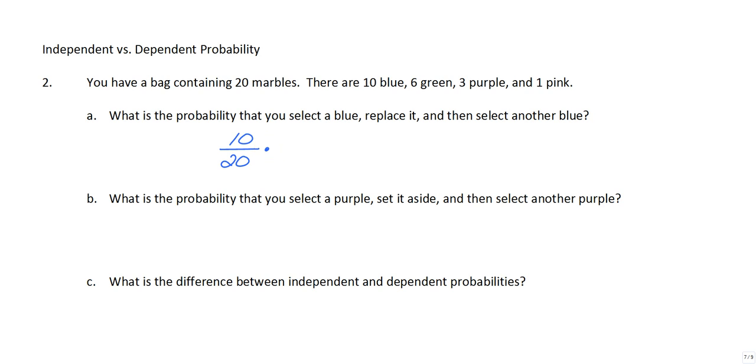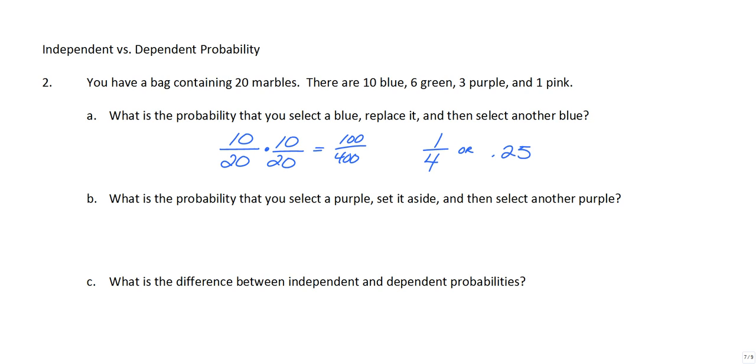But this time we put it back after the first pull, and now you still have 20 marbles in the bag, and 10 of them are still blue. So the second marble you pull is still 10 out of 20. So we multiply, that'll give us 100 out of 400, which we know reduces to 1/4, or 0.25. And that one was independent, because the first thing did not affect the second thing.